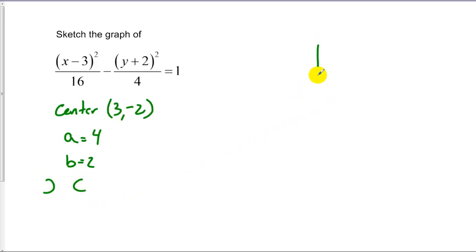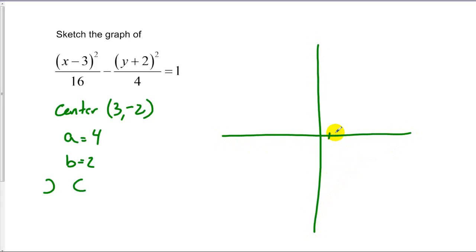So if I want to get a little more accurate, I go over 3, down 2, put a dot for my center. I know this is horizontal, so my a term goes out 4 in each direction. My b term goes up 2 in each direction.